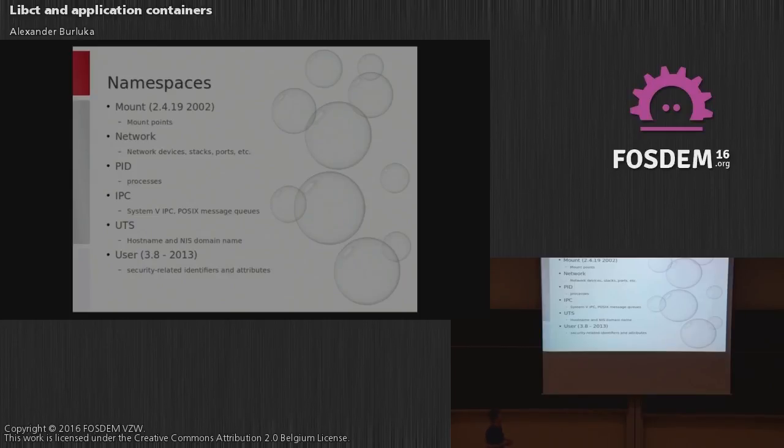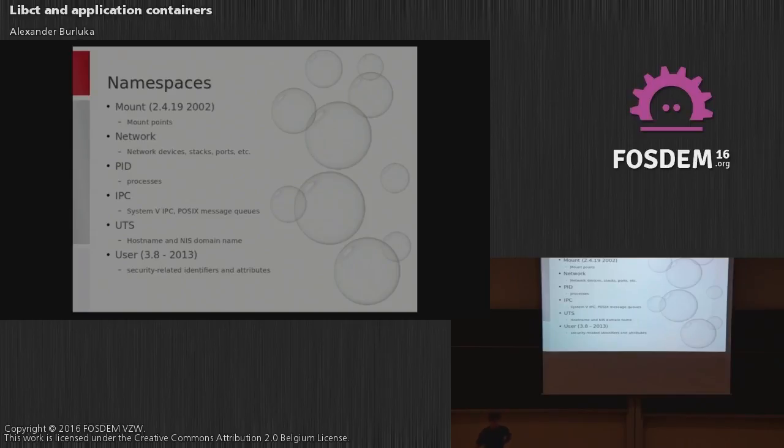Then PID namespaces. They prevent a process from viewing processes in other PID namespaces. For example, you cannot kill a process in another namespace. Then inter-process communication: message queues, semaphores, and so on.